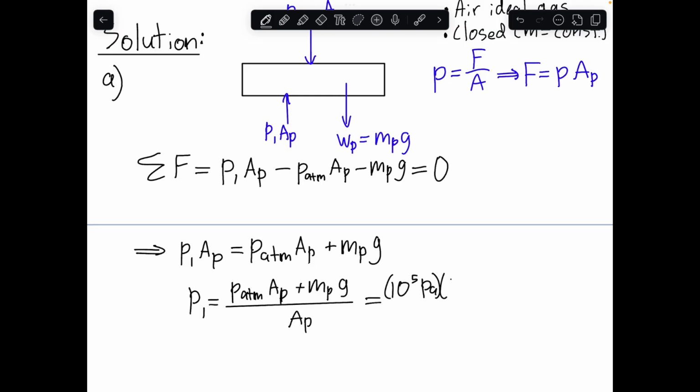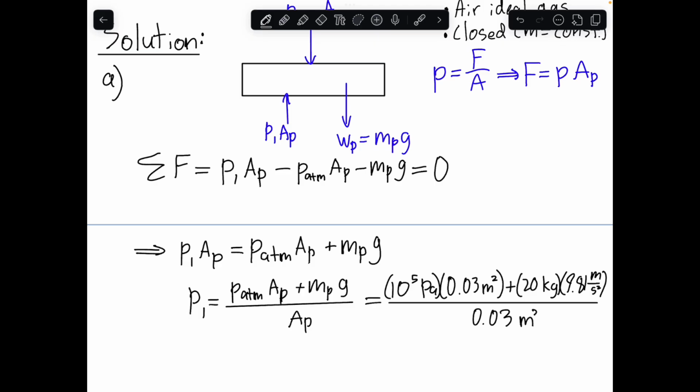And then the area of the piston is 0.03 meters squared, plus the mass of the piston is 20 kilograms. And gravity, we can use 9.81 meters per second squared, divided again by the area of the piston, which is 0.03 meters squared.